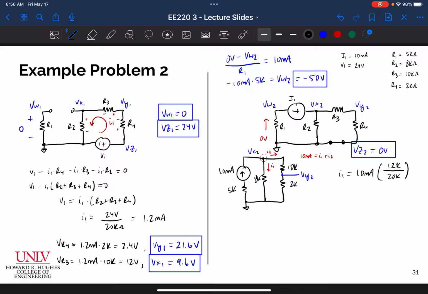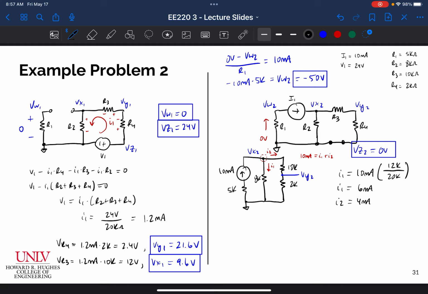That comes out to 0.6 times 10 milliamps, which gives me 6 milliamps. And then I2 has to be 10 milliamps minus 6 milliamps, so that's 4 milliamps. Now that I've found my currents, it's trivial to find my voltages, right?